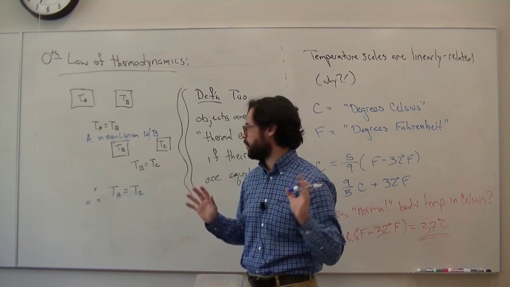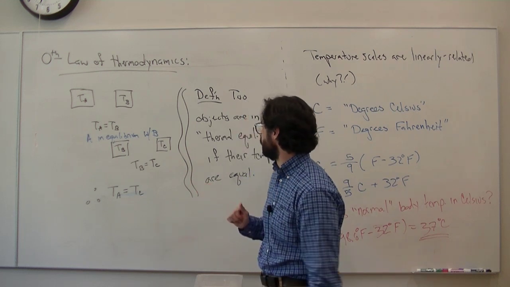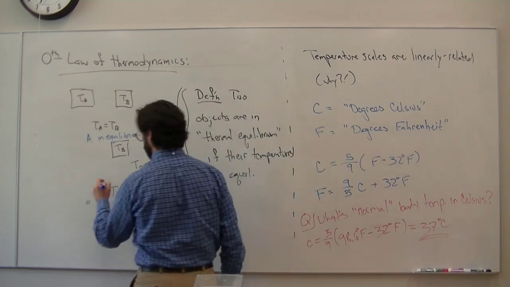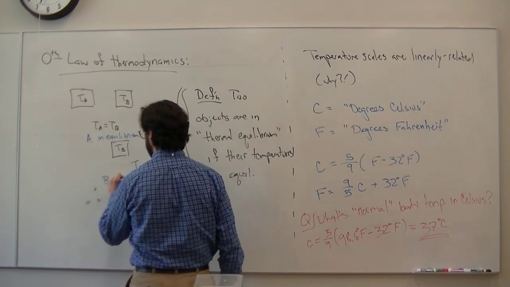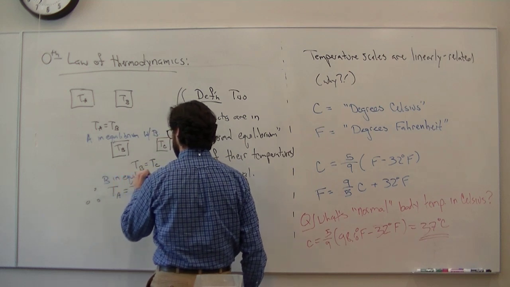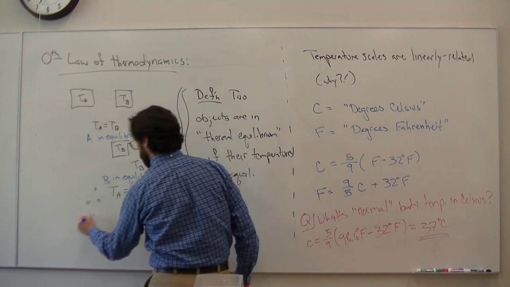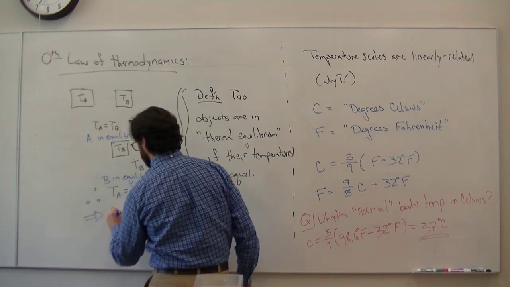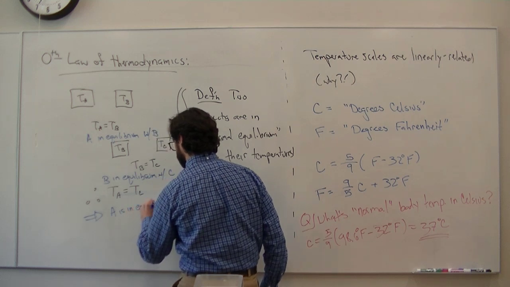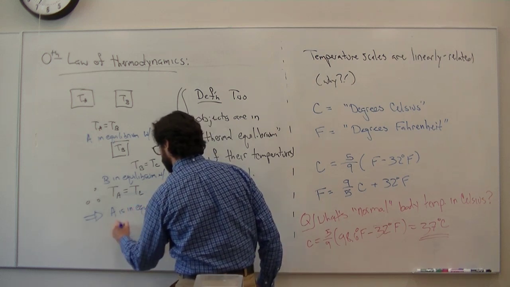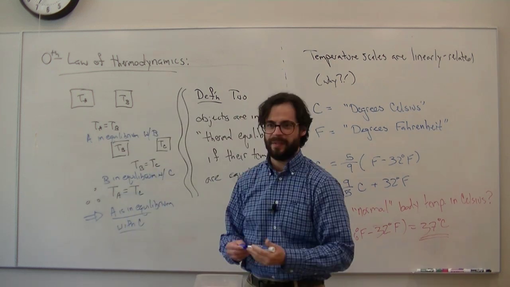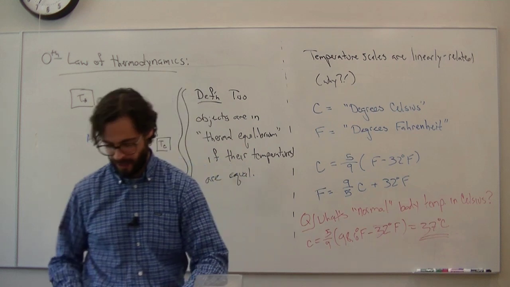When I say equilibrium, I mean thermal equilibrium, not mechanical equilibrium, which means all the forces balance. So A in equilibrium with B, B in equilibrium with C implies A is in equilibrium with C. And again, if you're a math person, you would just say that that's a transitive law.